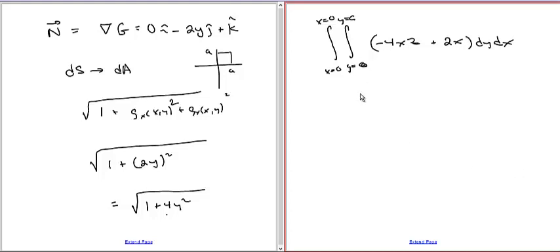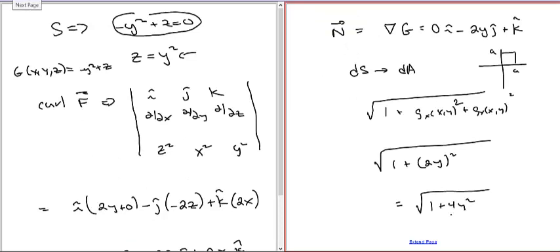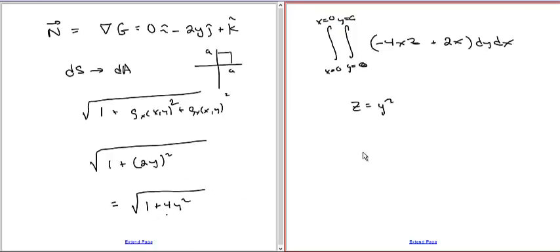But I've got z here, so I have to go back to my equation. z equals y squared. So you go from 0 to a, and from 0 to a, and you get negative 4xy squared plus 2x dy dx. And let's see if that's what they have.